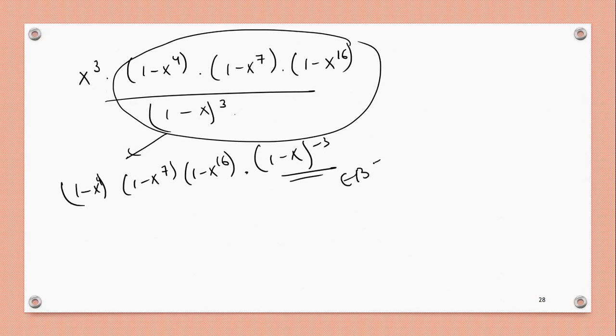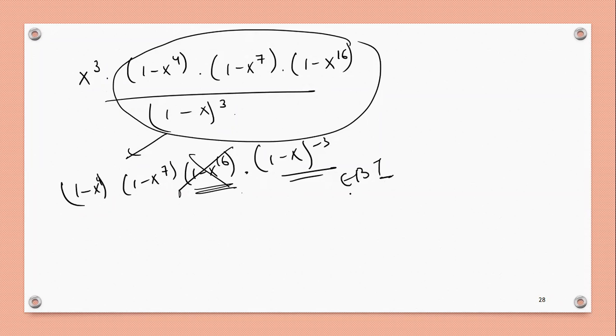Apply the extended binomial theorem for this part. Since we only want the coefficient of x power 12, if we multiply anything with the x power 16 term, we are exceeding our power, that is, x power 16 is greater than x power 12. So we can leave this term.